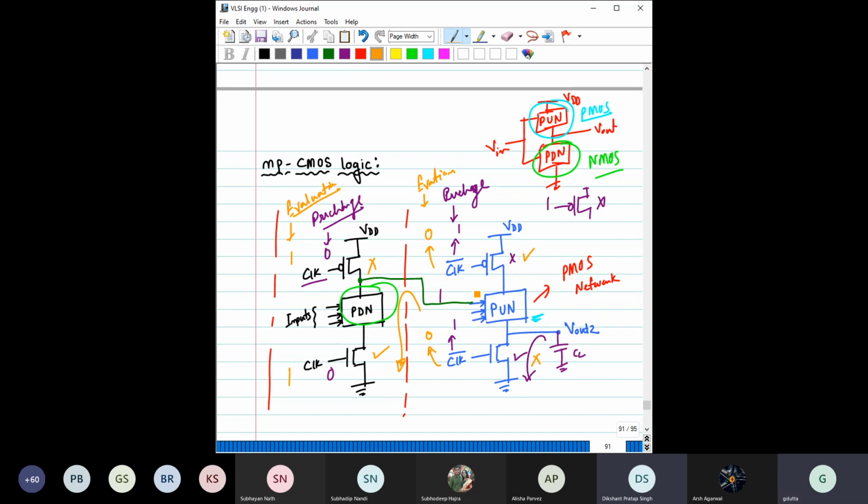But see what is happening here. Depending on these values in the evaluation phase, this is already off, so there is no question of further discharge. But this transistor is on. So depending on whether this pull-up network is allowing the current to flow through or not, this capacitor will charge.